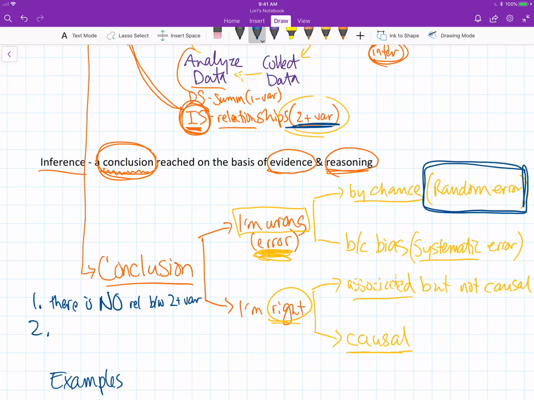And the second conclusion that I could come up with is there is a relationship between my two or more variables. And I'm going to specifically be giving examples that have two variables. We'll talk more in the future about how that can expand to be 3 or 5 or 20 or however many variables. But for the purpose of simplicity, we're going to talk about just two variables at a time.